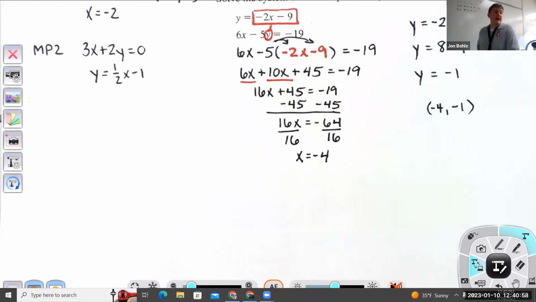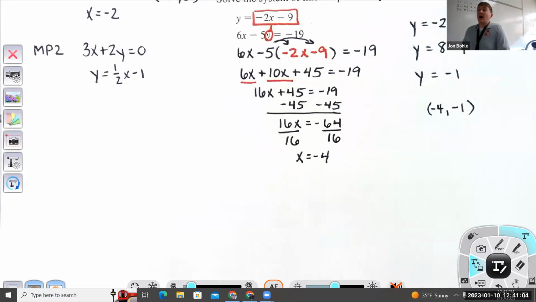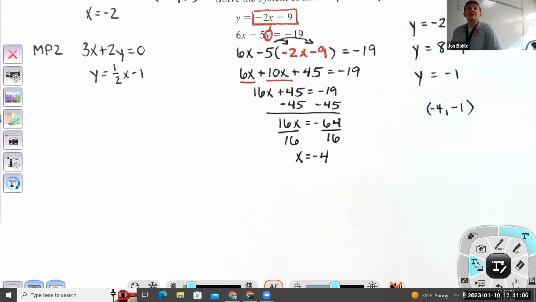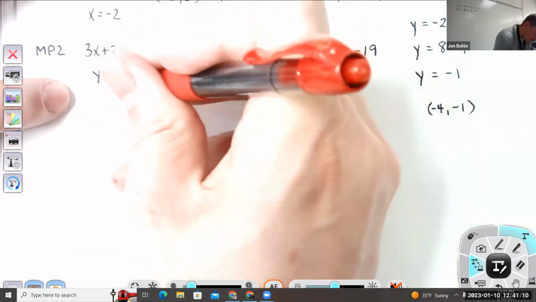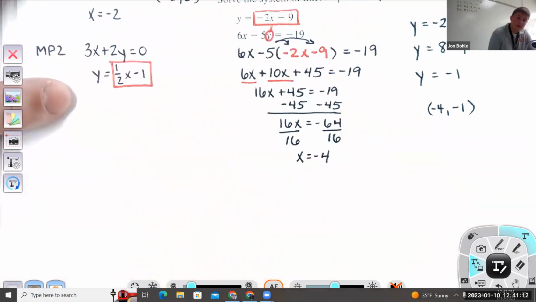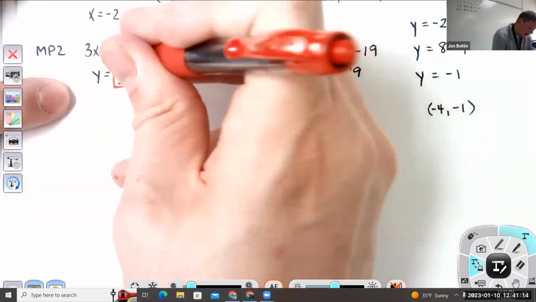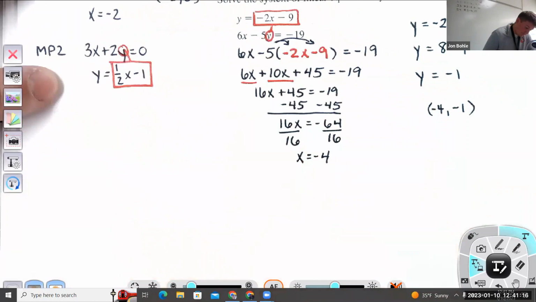First off, does this problem say x equals or y equals? Do I have an x equals equation or a y equals equation? Y equals, so what variable is going to get replaced? Y. So I'm going to take what y is equal to, and I replace the y in the other equation.